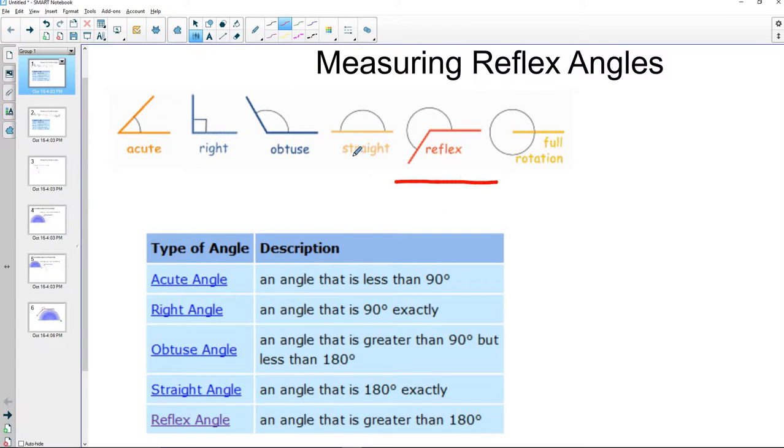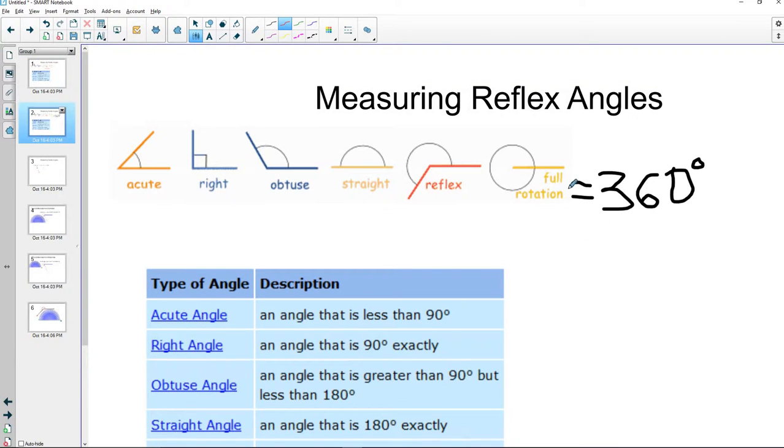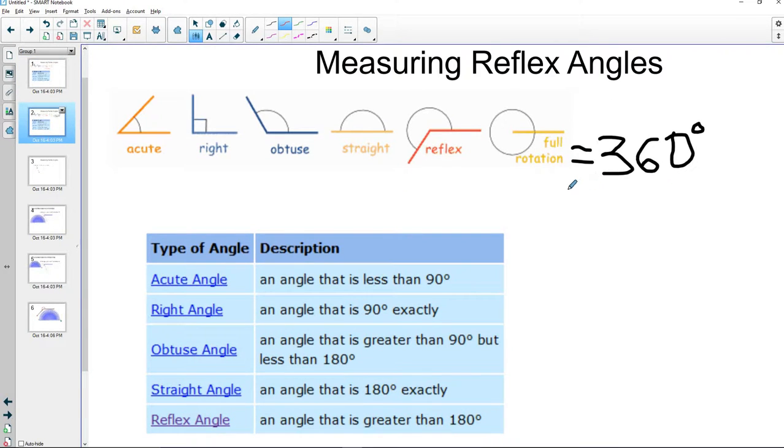As you can see here, a reflex angle is bigger than a straight angle, which is 180, but less than a full rotation, which is 360. Remembering the reflex angle is less than a full rotation is very important for this activity. So I'm going to write it up here. 360 degrees equals a full rotation, and a straight angle equals 180 exactly.